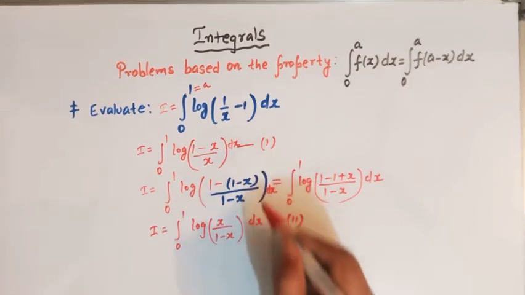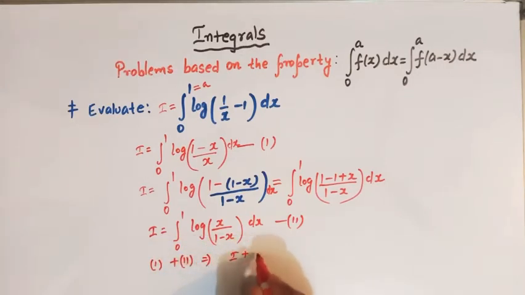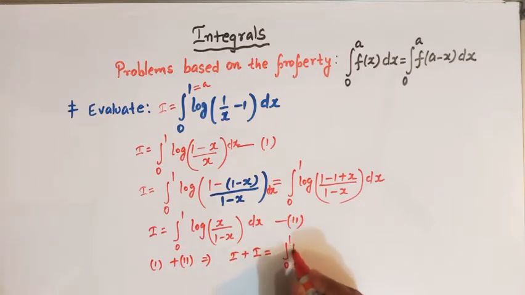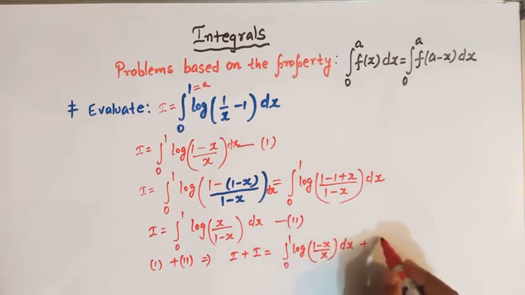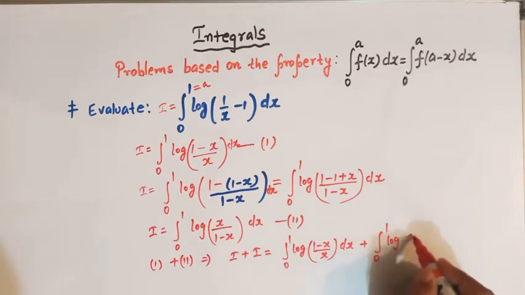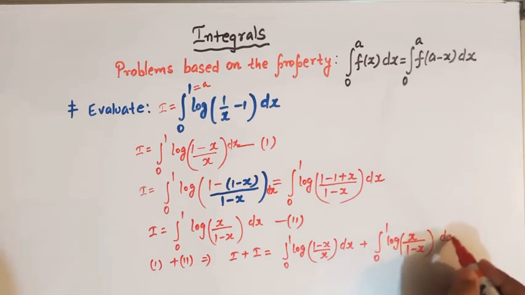Now we will add both these equations, 1 plus 2, so we have I plus I equal to integral from 0 to 1 of log((1 minus x) over x) dx plus integral from 0 to 1 of log(x divided by (1 minus x)) dx, right?